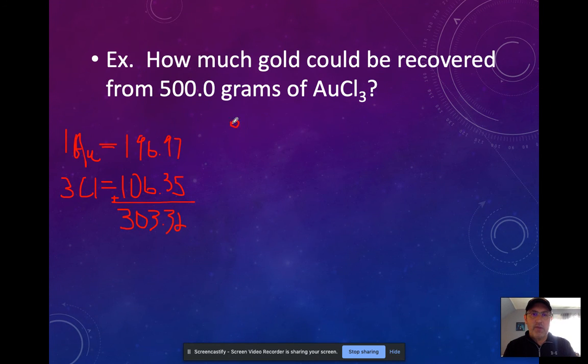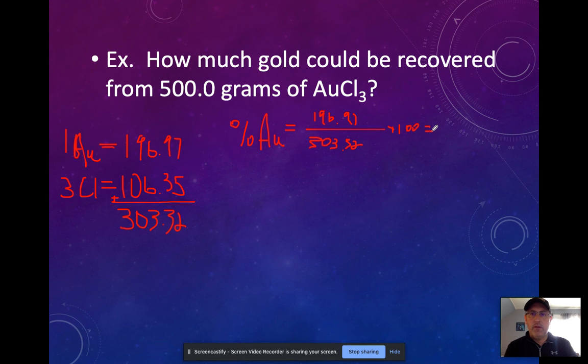So what we want to figure out is what is the percentage of gold in gold-3 chloride in general. So that's going to be, just as we just did, 196.97 divided by the total, which is 303.32, times 100.